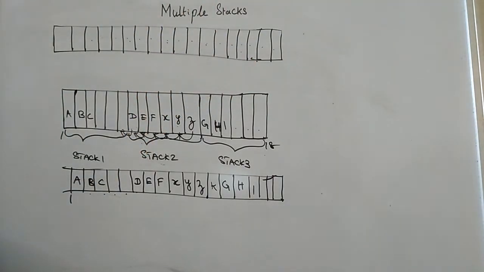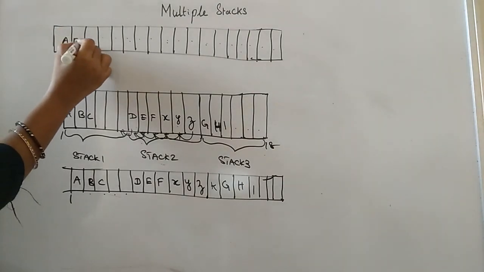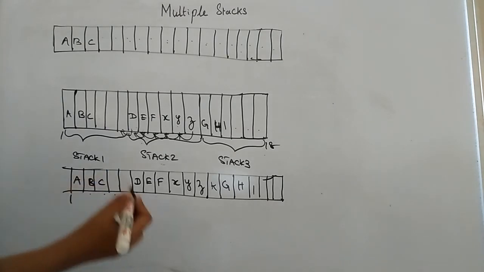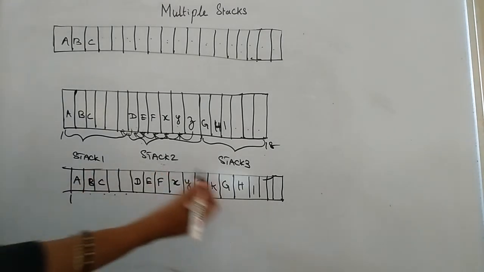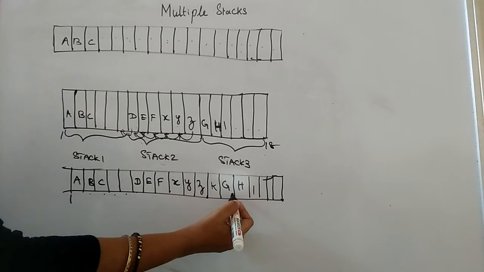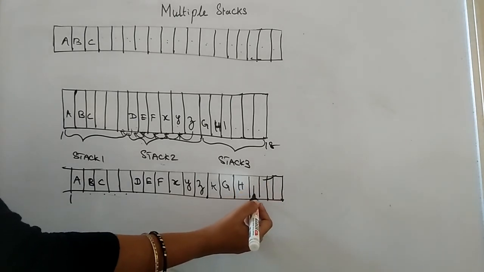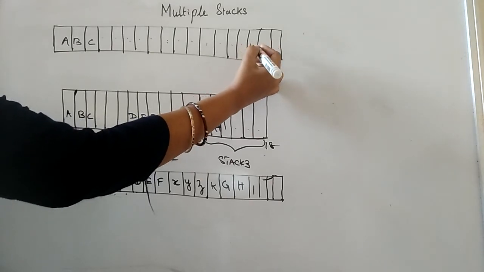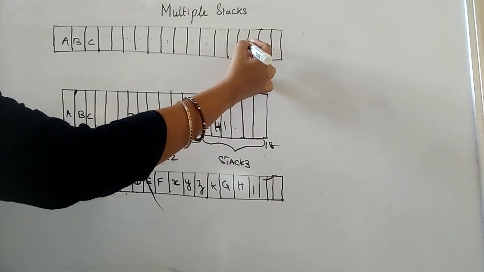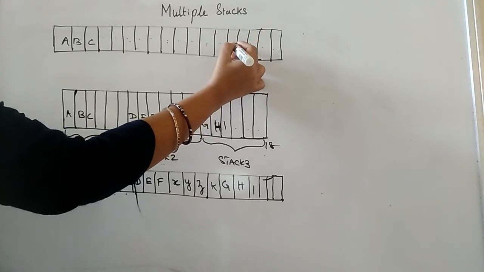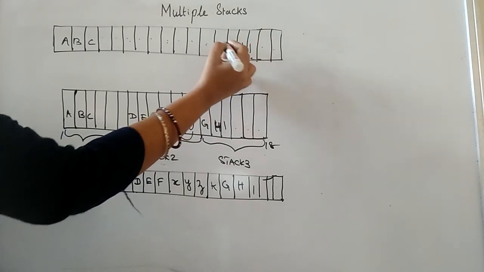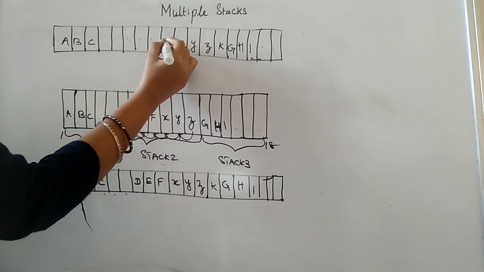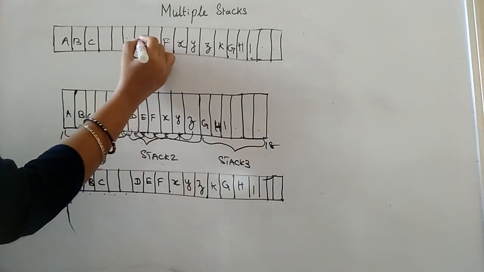Right. So I will have A, B, C, and then since I'm going to shift the elements towards the right by one cell, I will have I here, then H, G, then K, Z, Y, X, F, E, and D.